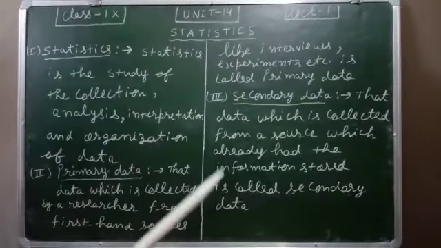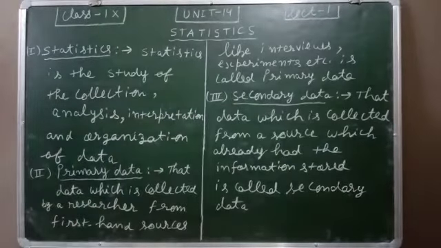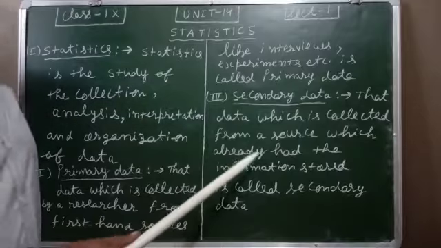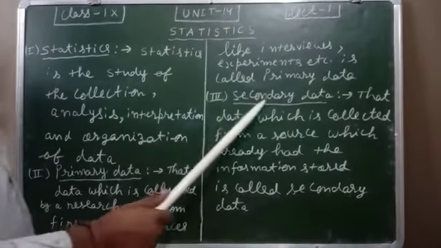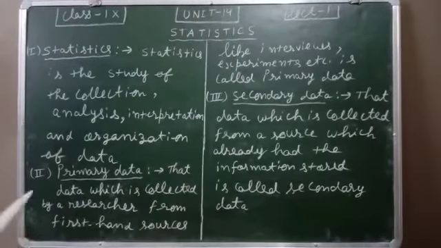So let us take one example of secondary data. Like somebody asks what is the literacy rate of Haryana or of India, then you will take the help of a book or the internet and then you will tell the answer. So this type of data is called secondary data. So these three definitions must be clear in your mind before starting the chapter.